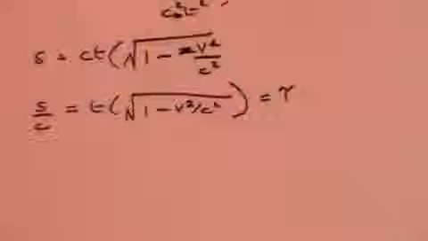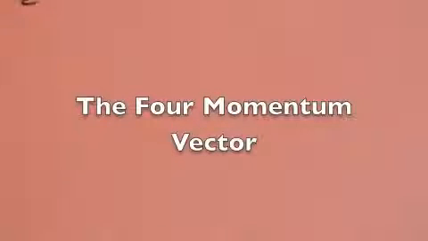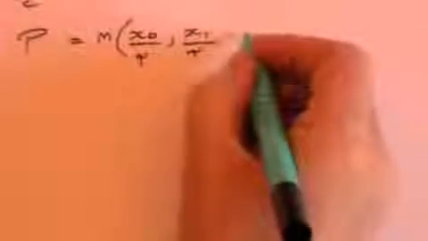We spoke of x as being a 4 vector. We're now going to create another vector which I'm going to call the 4 momentum vector, and you'll see why in a moment. Let's call it capital P. And I'm going to define it as m, which is mass, times x0 divided by tau, x1 divided by tau, and so on, x2 divided by tau and x3 divided by tau.